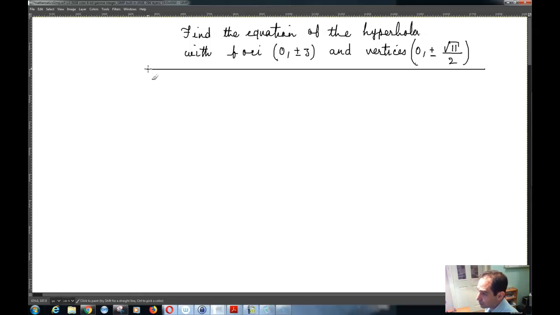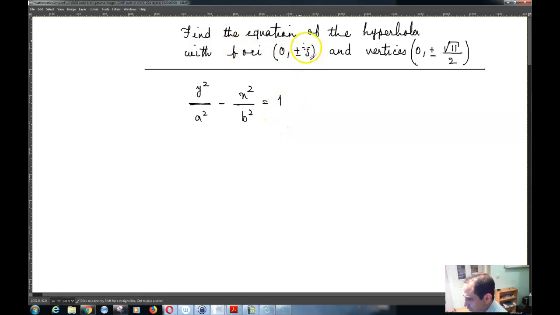So as you can see, these points are all along the vertical axis, meaning that your transverse axis is along the y-axis. So you do need to use the equation y squared by a squared minus x squared by b squared is equal to 1.